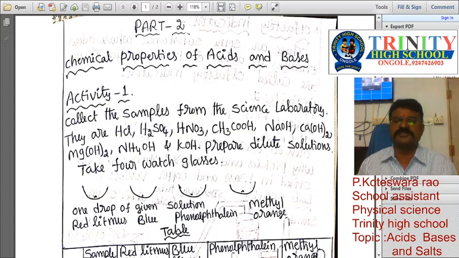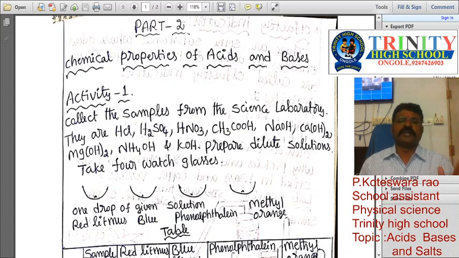With diluted solutions, there is no problem if they fall on our body, our hands, or our face. But if a concentrated solution falls on our body, it may cause burning. So take care while handling diluted and concentrated solutions in the laboratory, mainly concentrated solutions.